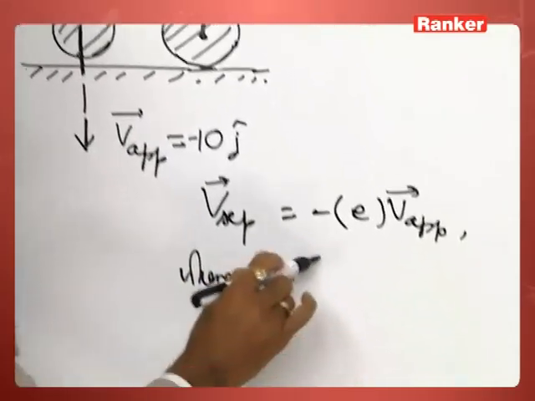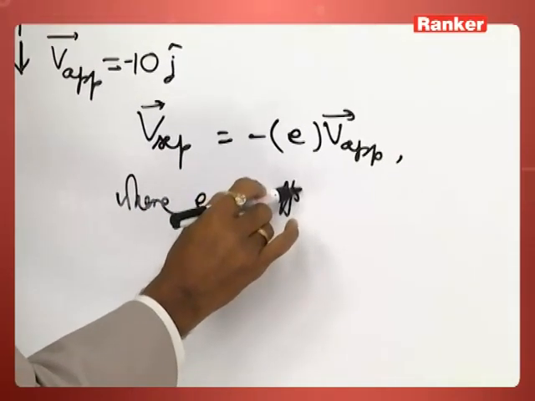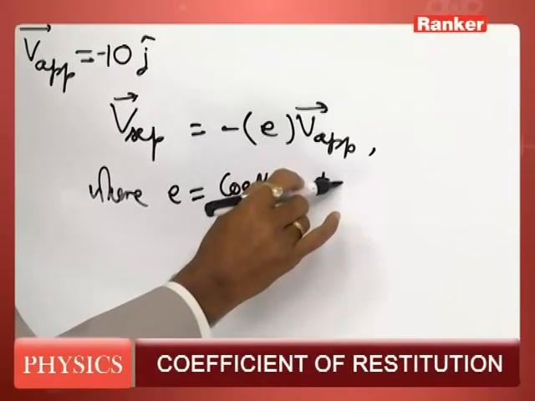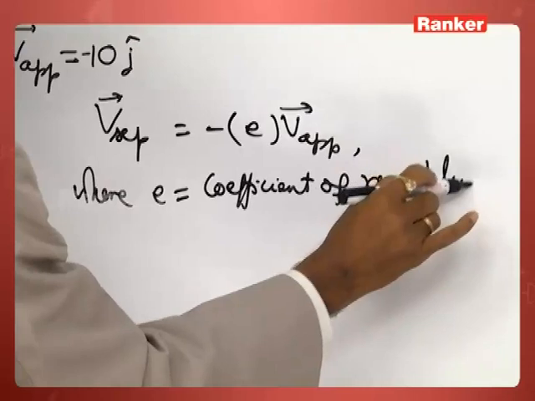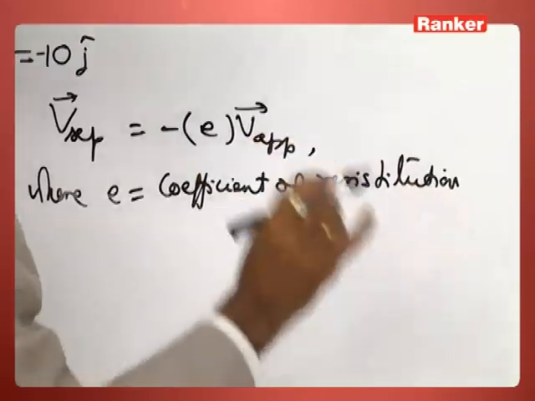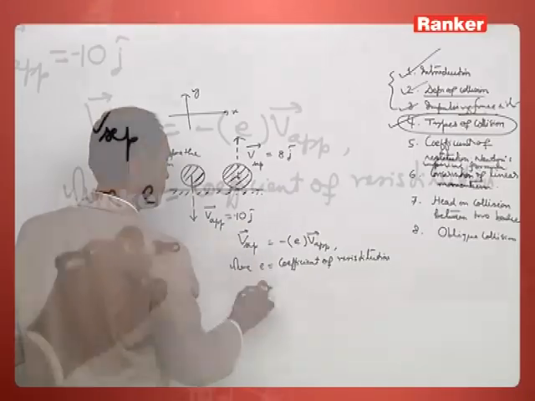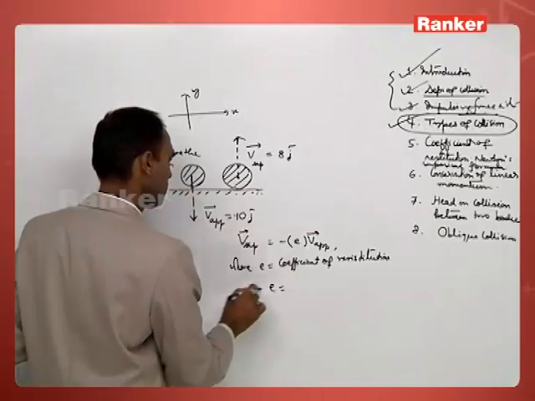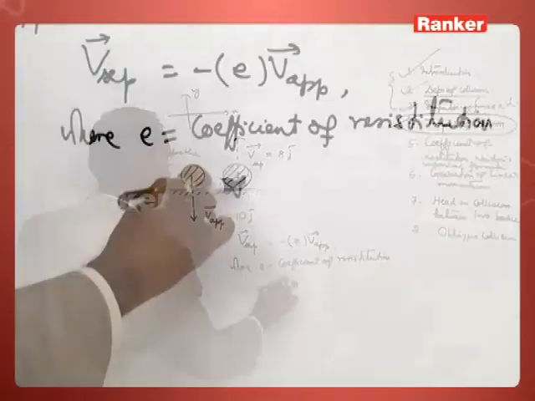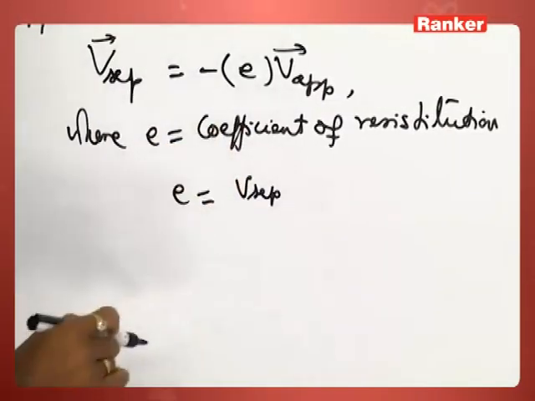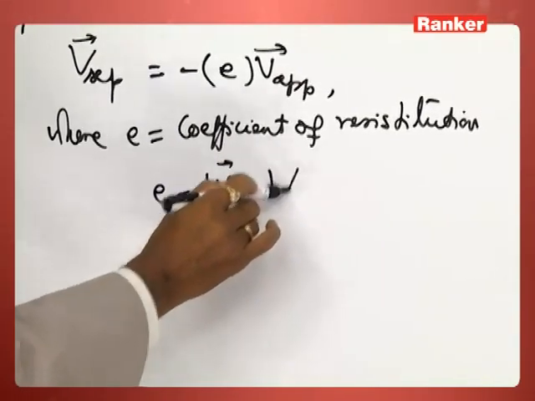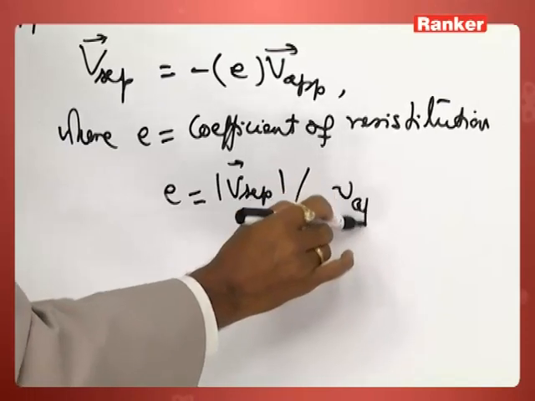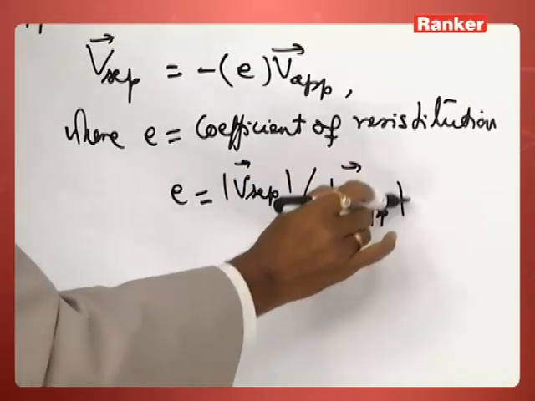e is the coefficient of restitution. In this case, e is equal to velocity of separation, its magnitude, upon velocity of approach, its magnitude.